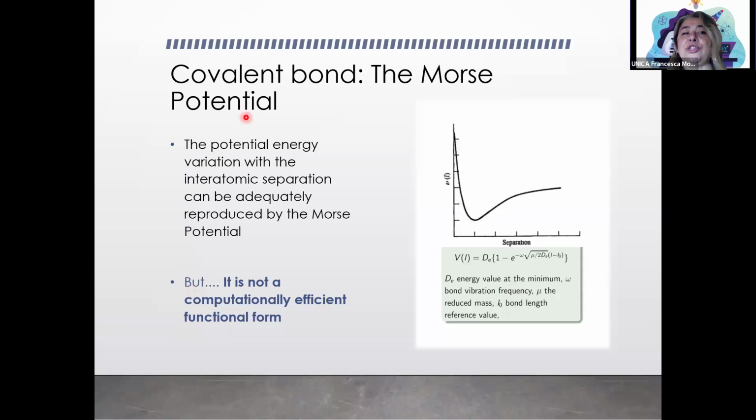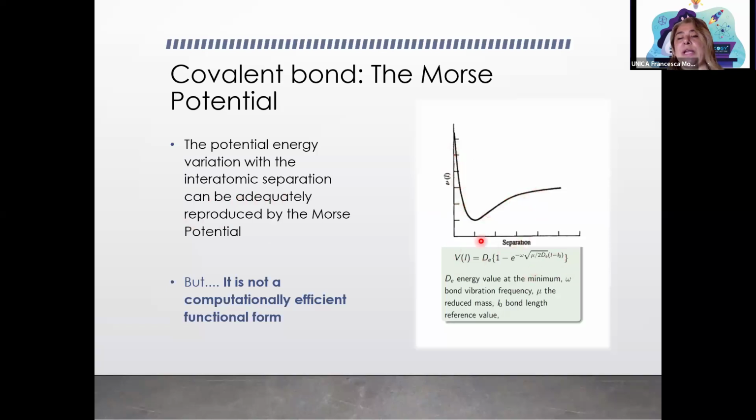For the energy associated to the covalent bond, we know from the general chemistry course, in both physics or chemistry undergraduate courses, that the variation of the potential energy with the interatomic separation, represented in this graph in the abscissa, can be adequately reproduced using the so-called Morse potential.